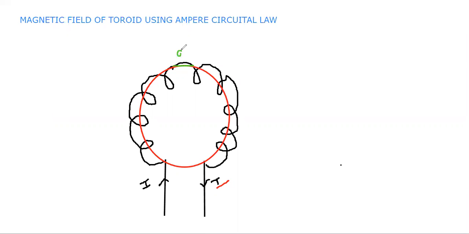Now you have to calculate the magnetic field, and you will apply Ampere's circuital law. I will first calculate the line integral of the magnetic field, that is B dot dl, and you know how you calculate B dot dl. It is B dl cos theta.